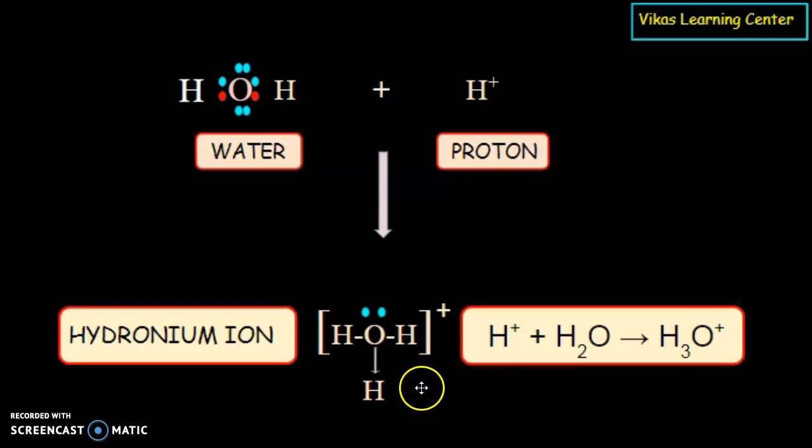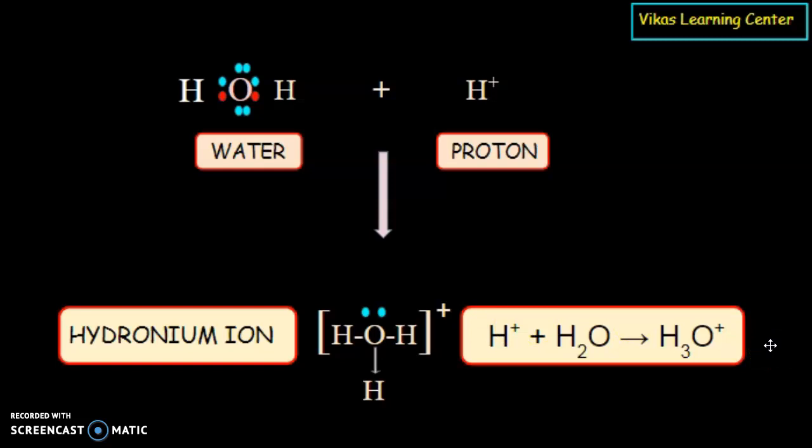Ultimately after this bond, this becomes a new, different compound, your hydronium ion. We can represent this in the form of an equation. Whenever a water molecule combines with an H+ ion, it forms your hydronium ion.